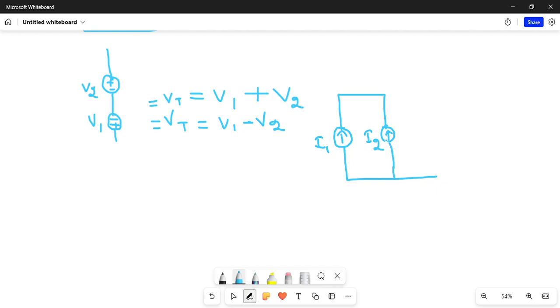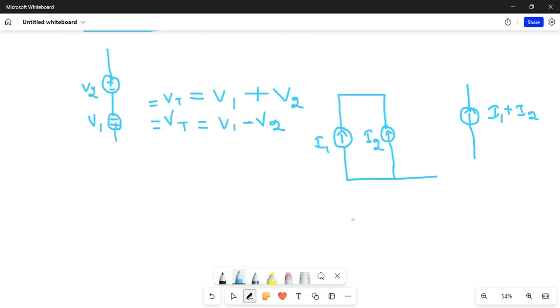You can see that the directions are the same, both going upward, so it is the same polarity, and you just write it as I1 plus I2.